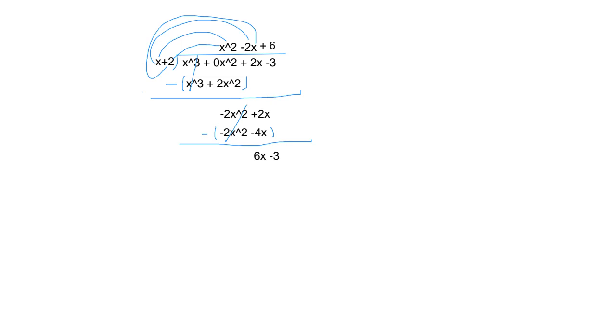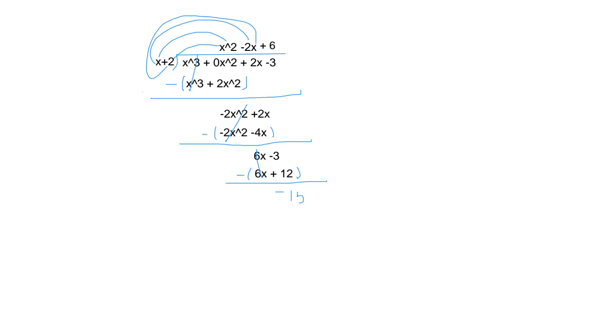So I get 6x plus 12. I subtract again. Every step is a subtraction. That's how we get rid of the leading term. This leading term is gone. Negative 3 minus 12, that's minus 15, right? And that's it. So now we're finished.